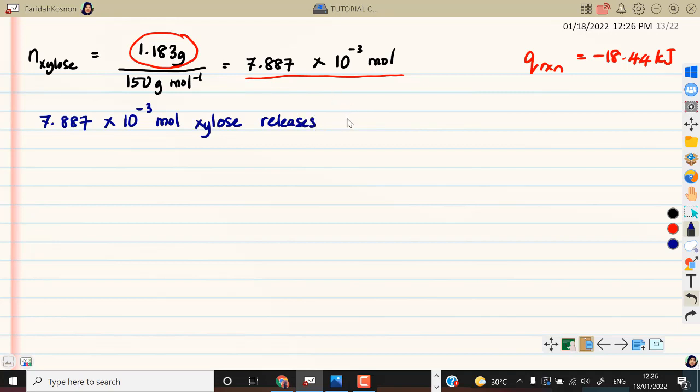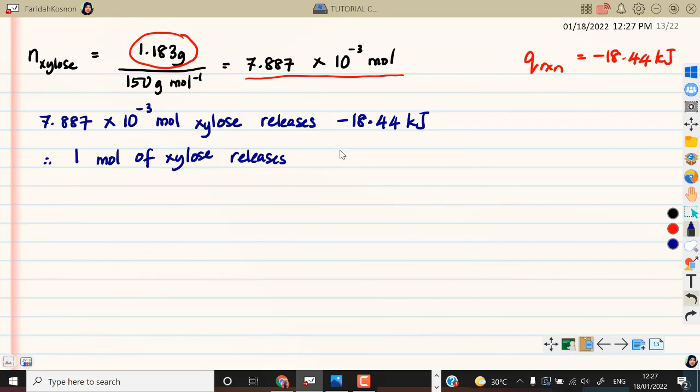Okay, how much? Negative 18.44 kilojoule. Saya bawa je negatif tu. Okay, actually kalau dah dia tulis release ni tak ada negatif pun tak apa, tapi saya bawa je. Okay, therefore if 1 mole of Xylose burn, okay, releases berapa banyak? So you have to calculate.